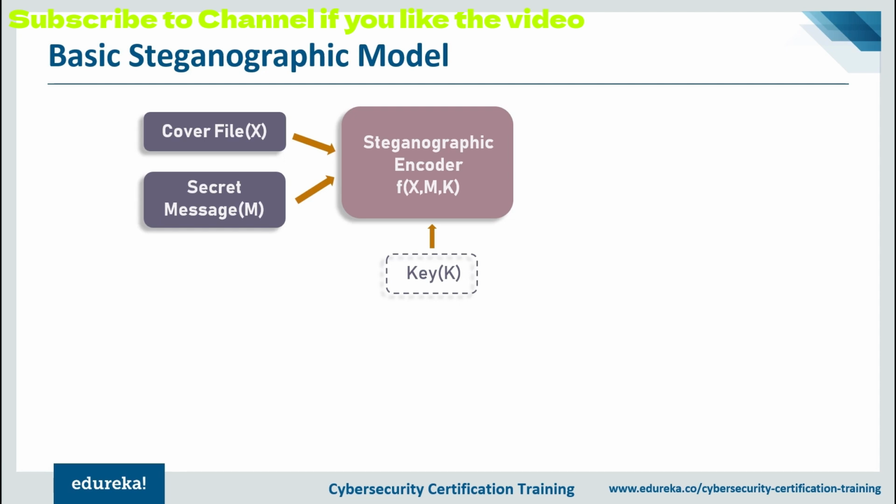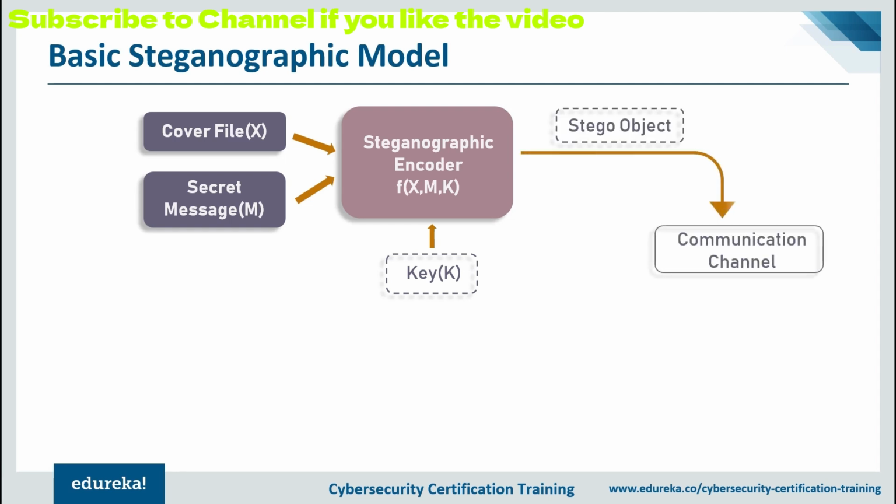So basically our steganographic encoder method or function takes this cover image, secret message and key as an input and embeds our secret message into cover object. Embedding process generates a stego object and the stego object looks exactly like our cover object. Now this stego object is sent to receiver through the network without any encryption here.